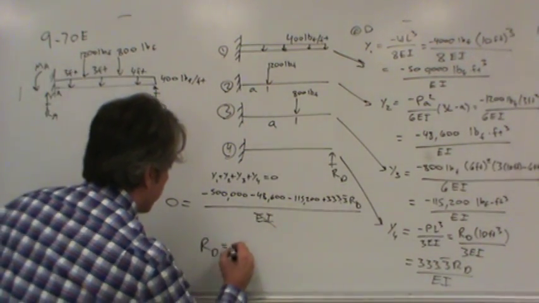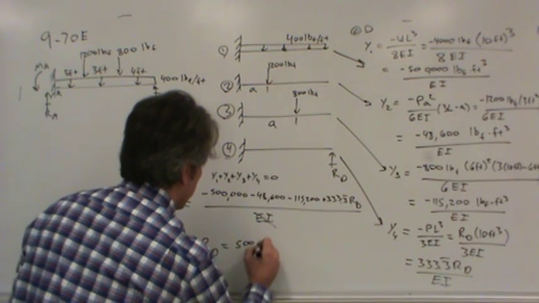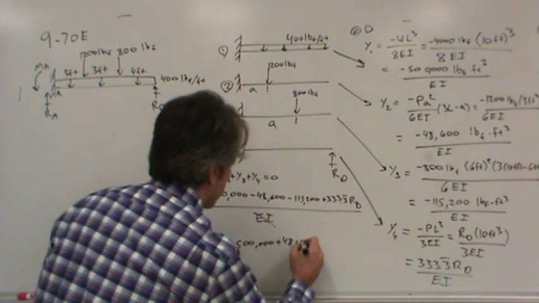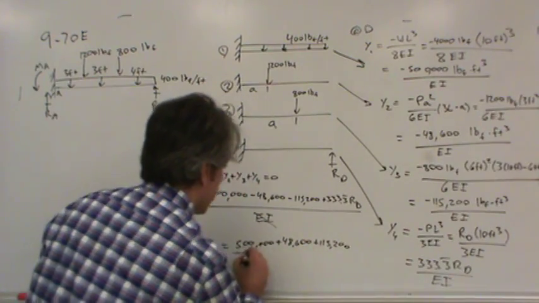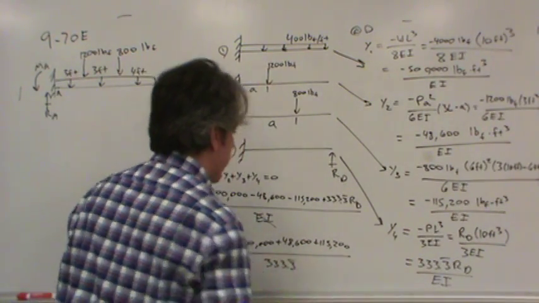So R D would be equal to 500,000 plus 48,600 plus 115,200 divided by 333.3 repeating.